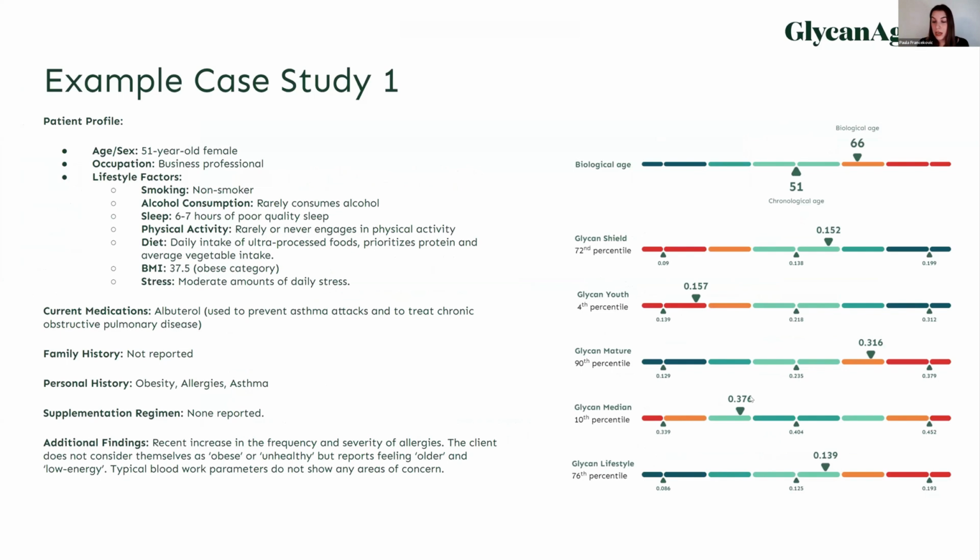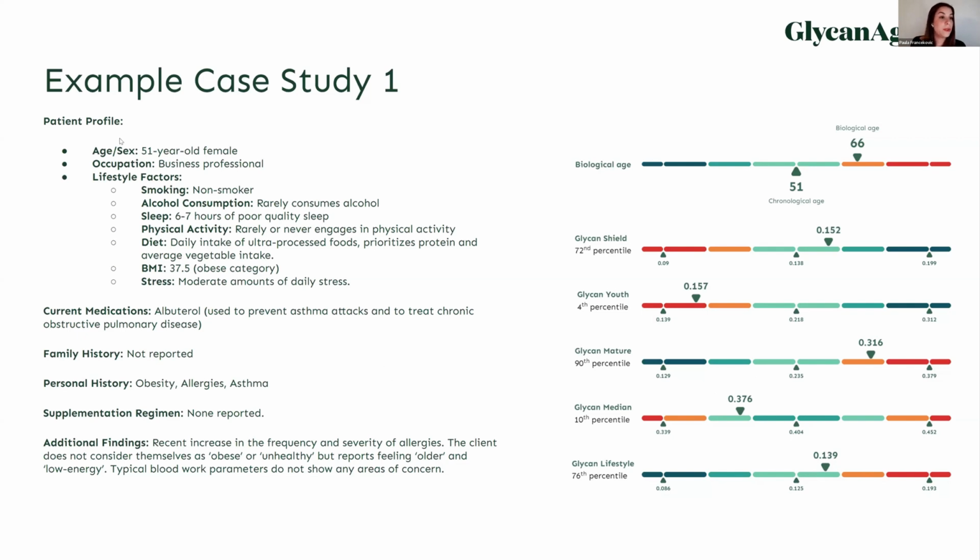We also see quite a negative pattern: a reduction of the glycan median and an increase of the glycan lifestyle. Even though we commonly see each of these individual results, it's not very common to see at the same time a slight reduction of the glycan median and a slight increase of the glycan lifestyle. So that's an important pattern to look for.